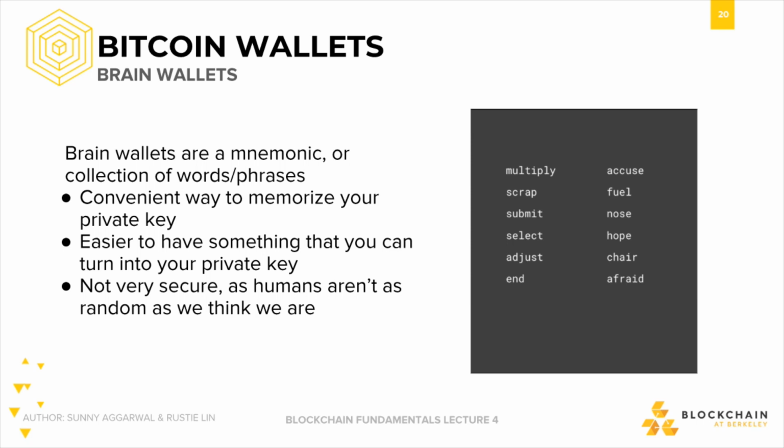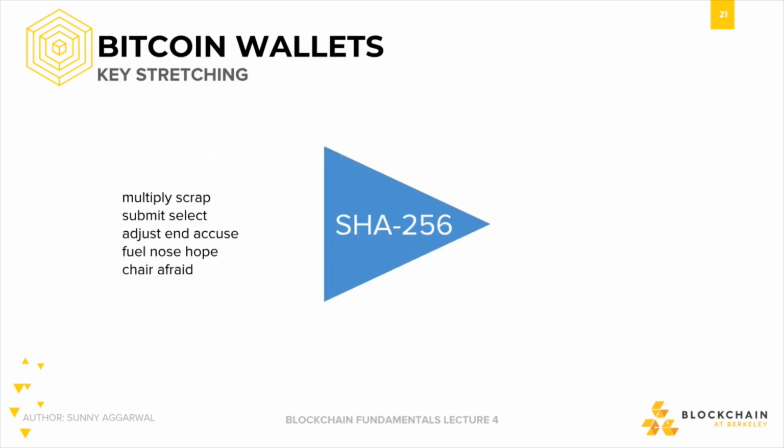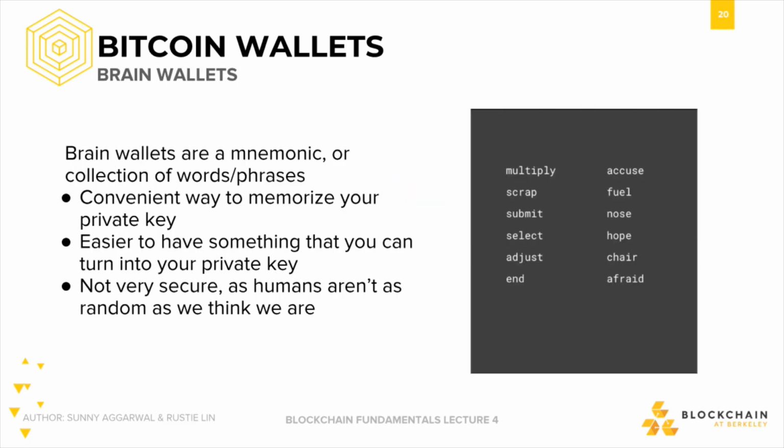Unless you roll a dice and pick pages and words from a dictionary, if you choose a famous quote, or a line from a movie or a book, the chances of you being hacked are probable, because all they have to do is brute force through a dictionary to figure out what your private key is.